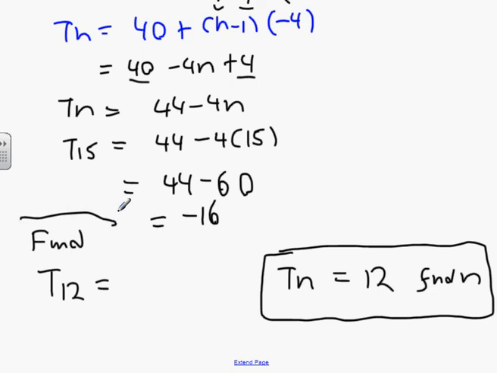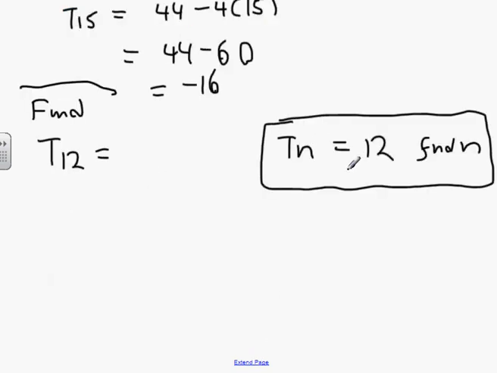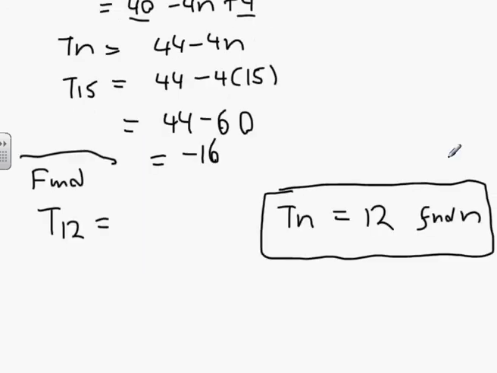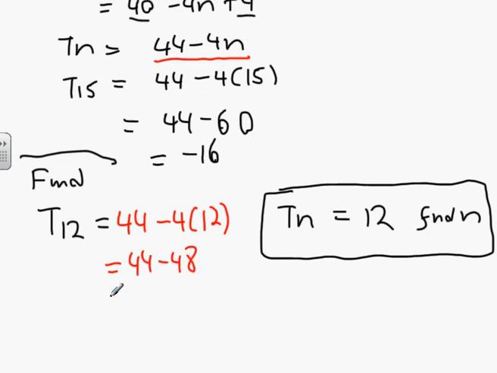Can anybody tell me what the difference is between those two questions? Which one do you think you know how to do? The left one or the right one? The left one. You know how to do the left one. You get your old formula and you do 44 minus 4 times 12, 44 minus 48, and the answer is minus 4.